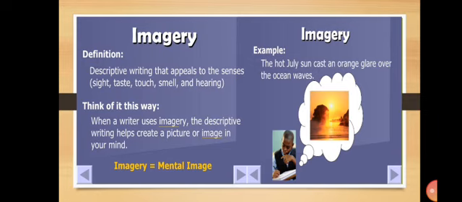That is also imagery. If he says that I heard rain on the roof, in Rain on the Roof, the poet says that I heard the pitter patter of the raindrops on the roof. So that sound you can imagine in your mind, what kind of sound it will be. So that is also imagery.